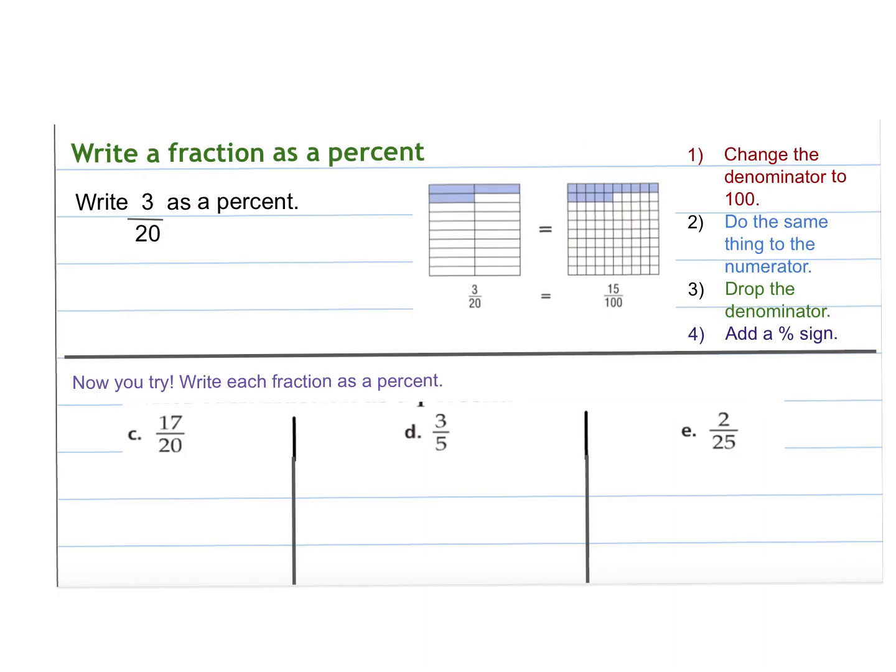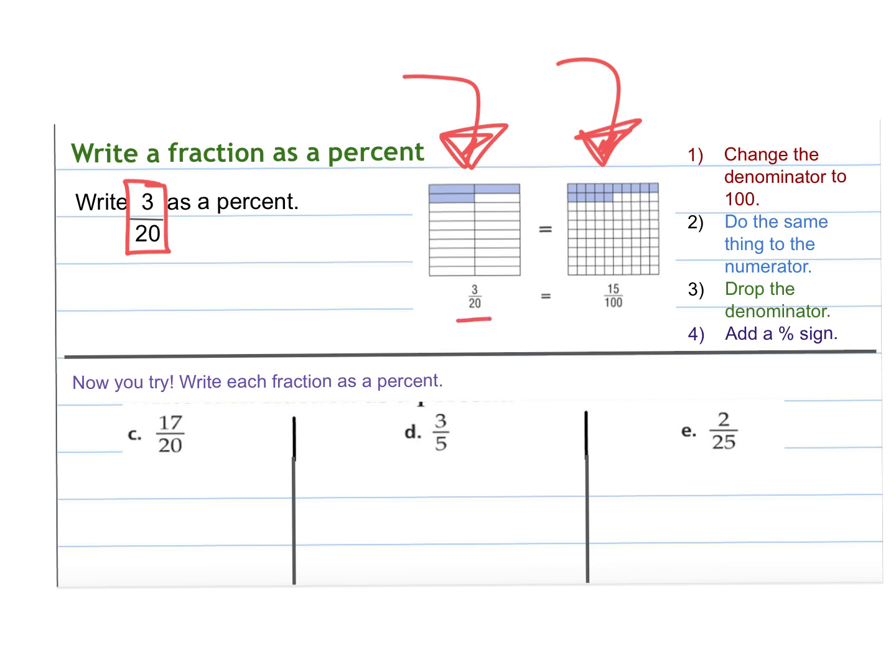So how can we write a fraction as a percent? We have 3/20ths, and we want to write it as a percent. If we look over here, 3/20ths is represented. We have 20 boxes in the first one, 3 are shaded, so that means 3/20ths. Then over here, it's broken up into 100 boxes, so the exact same part is shaded.